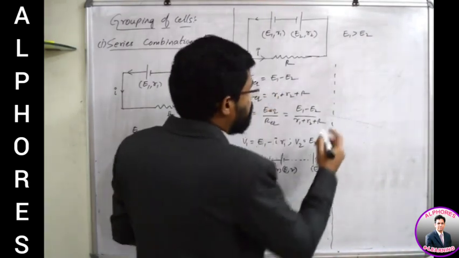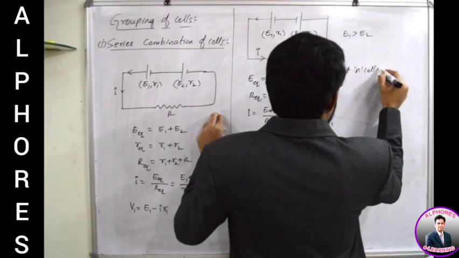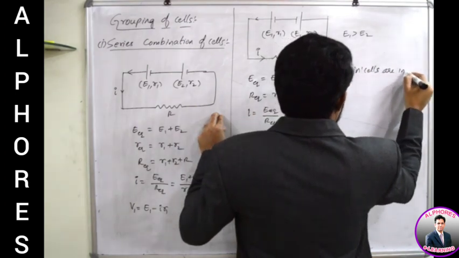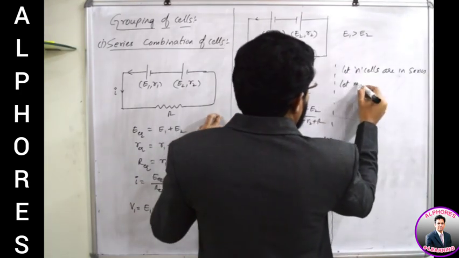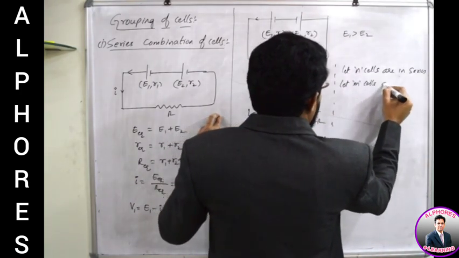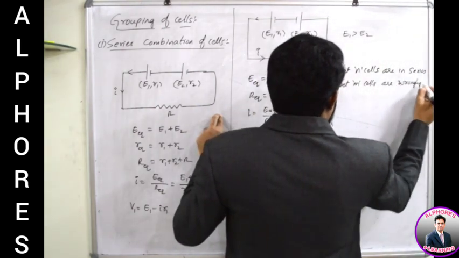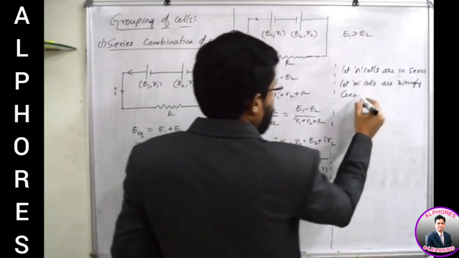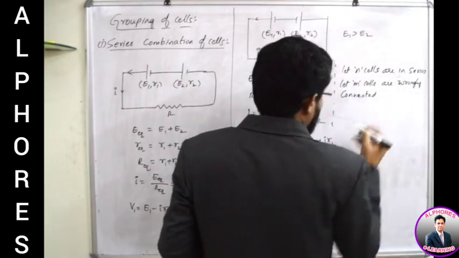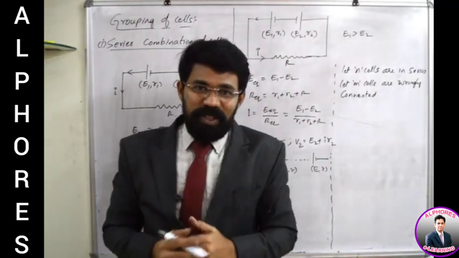So if n cells are considered in series, let m cells be wrongly connected, negative terminal connected to negative terminal. Just now I told you, if one cell is wrongly connected, 2 cells become inactive.